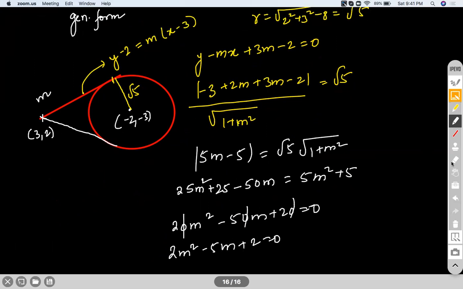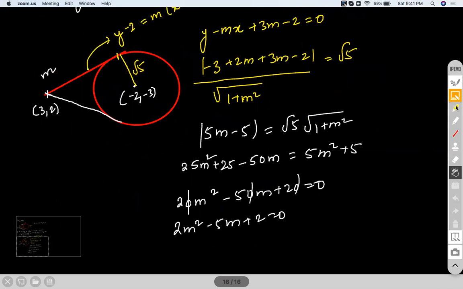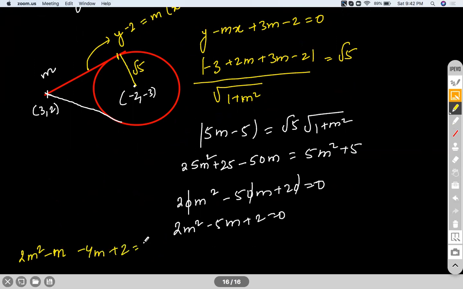Is it factorizable? Yes. Take m common, take -2 common. So m could be 2 or m could be half.